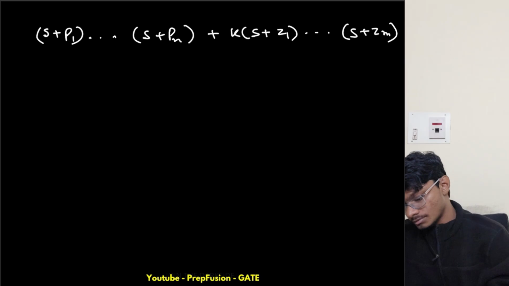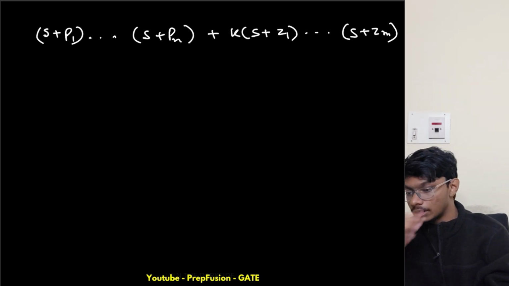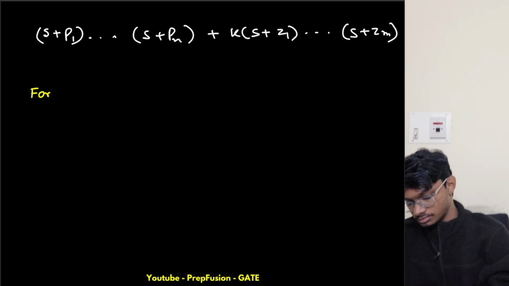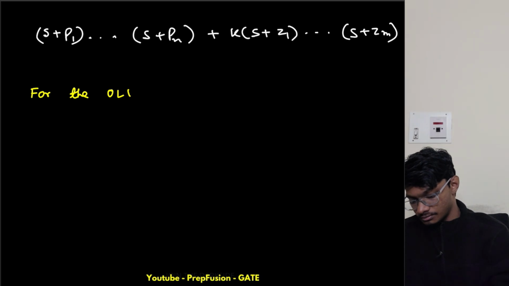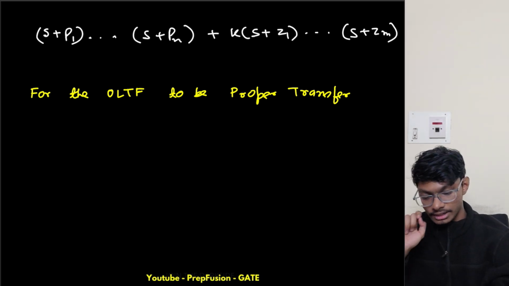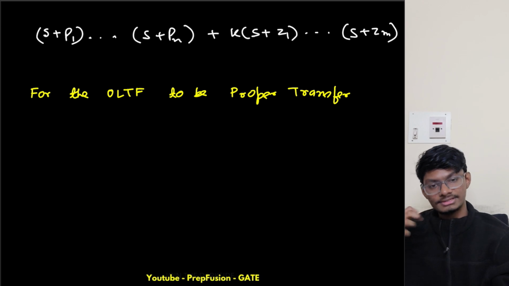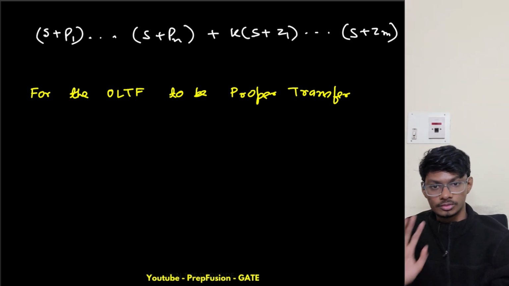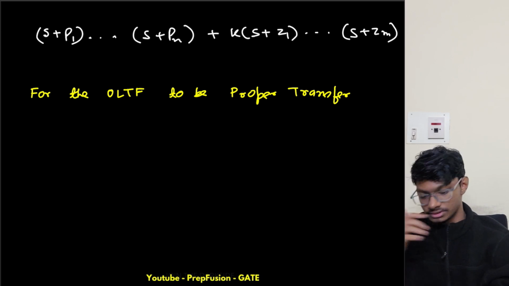Or for the OLTF also to be proper, my number of poles should be greater than the number of zeros, and for my system to be realizable. It may so happen that a question says the number of zeros is greater than the number of poles, but in most cases the number of poles will be greater than the number of zeros for my system to be realizable.